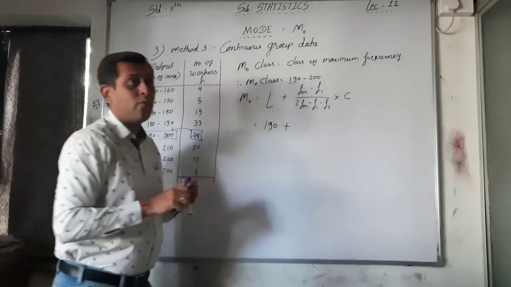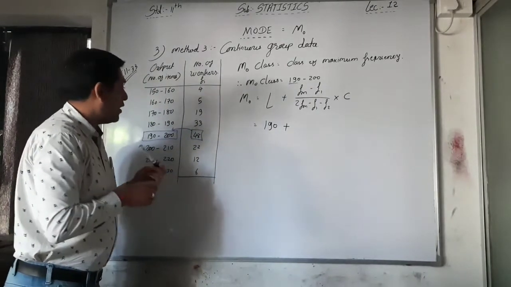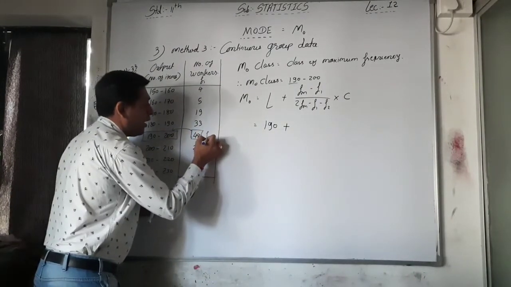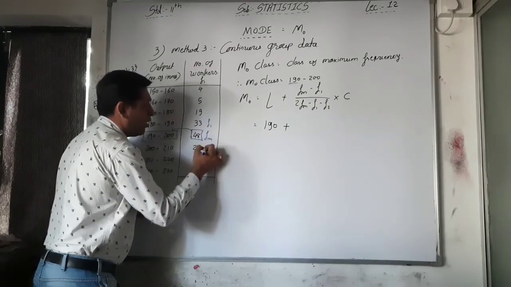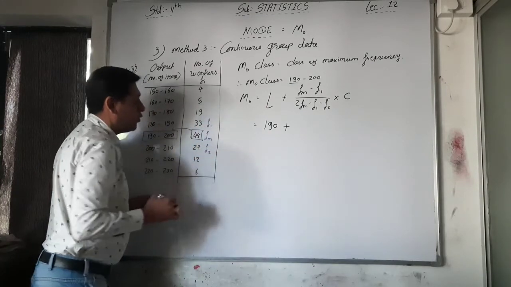plus the maximum frequency. Here this one is your Fm, this one is your F1, and this one is your F2.